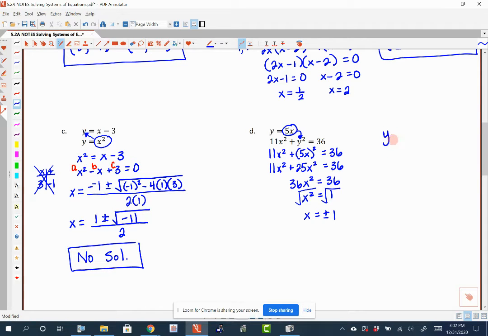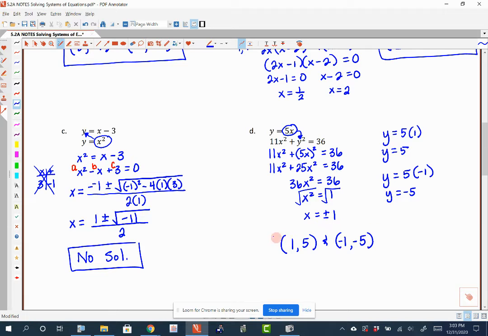So when I go to plug these back in, I'm going to go to my first equation. Well, 5 times 1, that's just 5. And to plug in my negative 1, 5 times negative 1 is just a negative 5. So this line and this have intersected twice, at 1, 5, and at negative 1, negative 5.